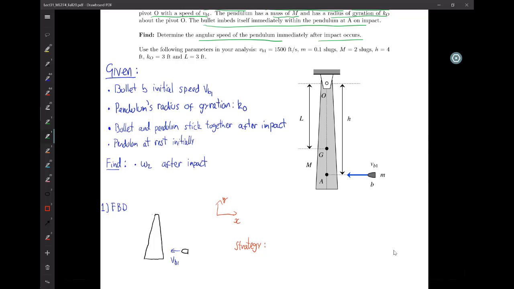Now, which one? Angular impulse momentum or linear impulse momentum? Angular, right? Because that pendulum is just under rotation. It's not really translating. There is no pure translation. So we use angular impulse momentum.